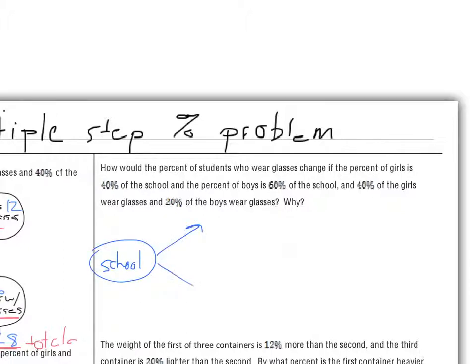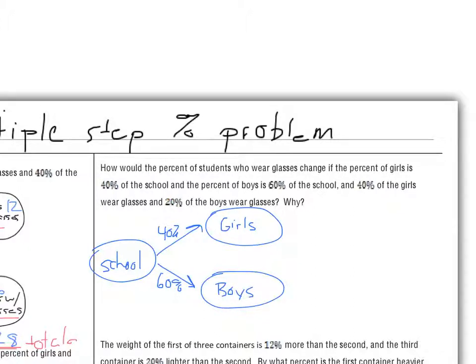And we've now got 40% is girls. We've got 60% is boys. And our girls, it's 40%, and 20%.